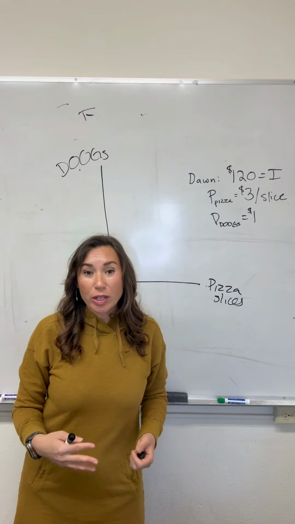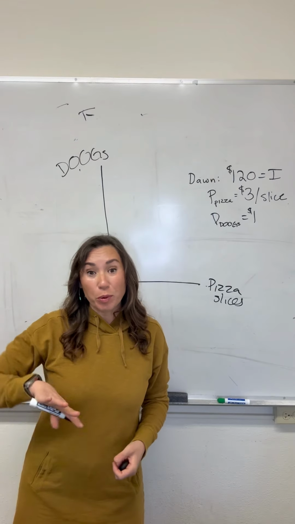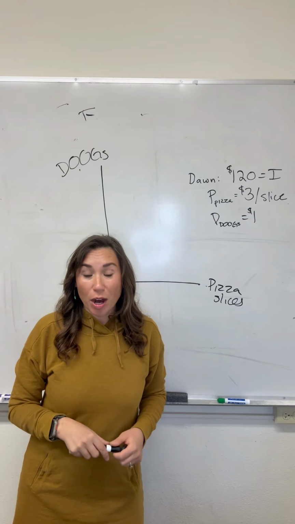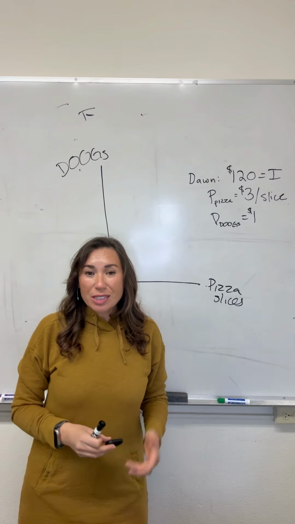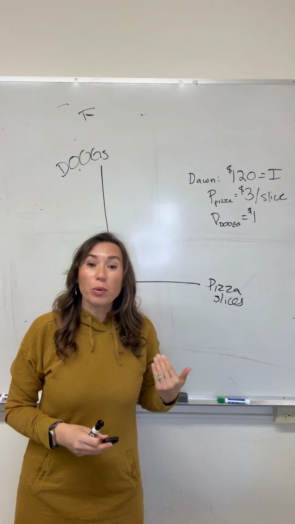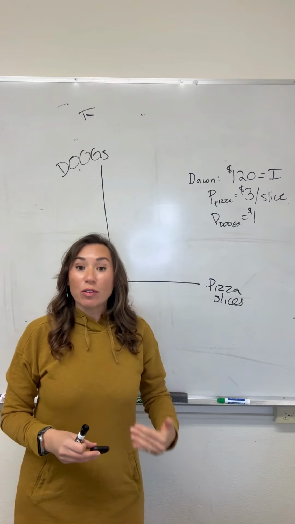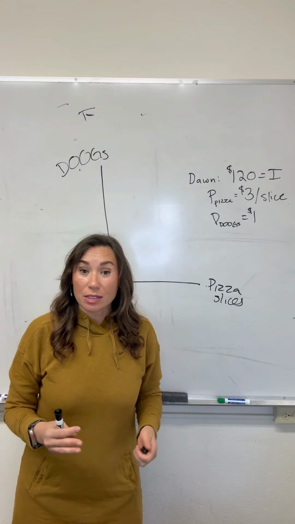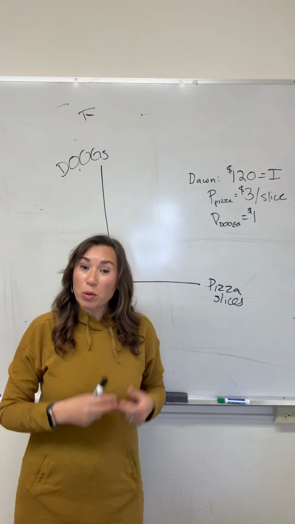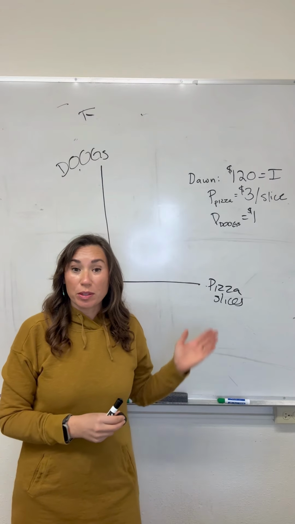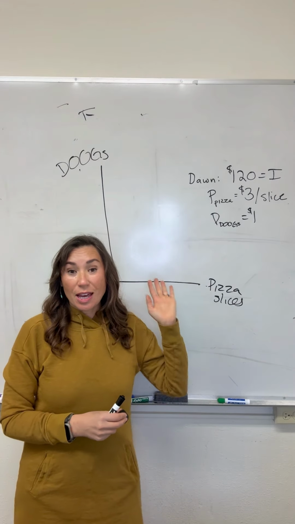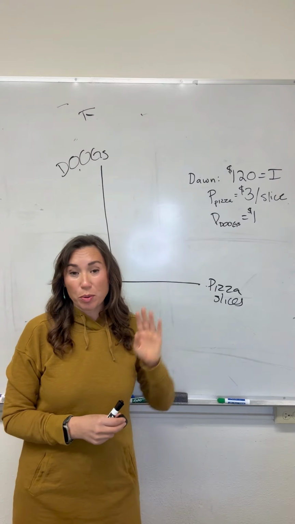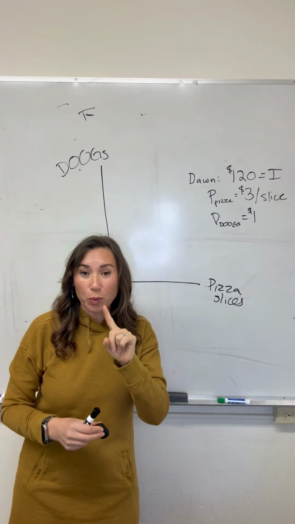And a budget constraint is going to look a lot like when we were in firm theory, our iso-costs. So basically, it just says all the things that we can afford given our income level and the prices that we face. And so if we walk into a store with pizza slices and in our case, Dougs, remember Dougs are $1 worth of all other goods.